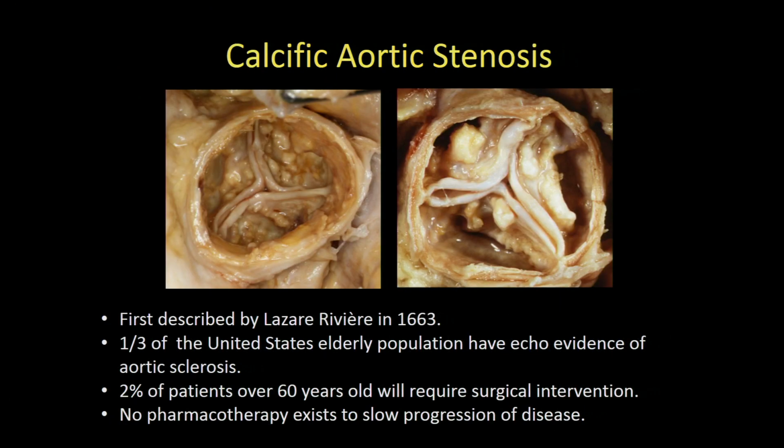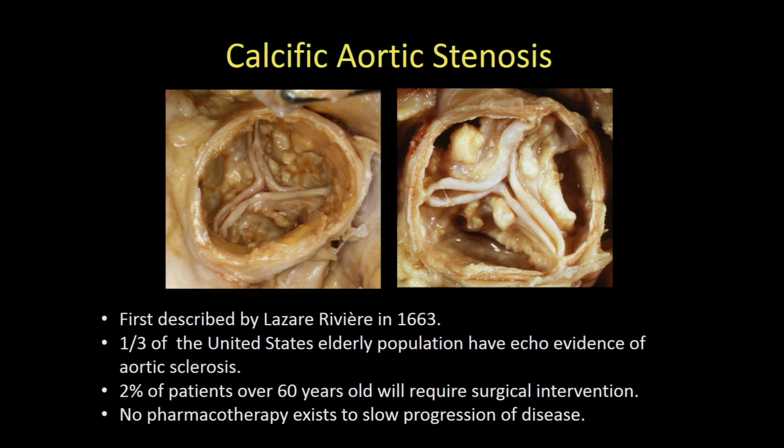So the condition of calcific aortic stenosis, I'm not sure if you have ever seen a picture of it, but this is basically what it looks like, looking down on the aortic valve, the three leaflets of the aortic valve, and there's calcium that gets deposited on the aortic side of the valve. Instead of opening nice and wide, because the leaflets are very thin and pliable, as the leaflets become more calcified, they don't open as wide.